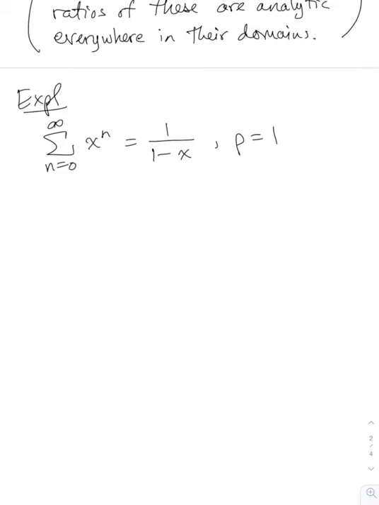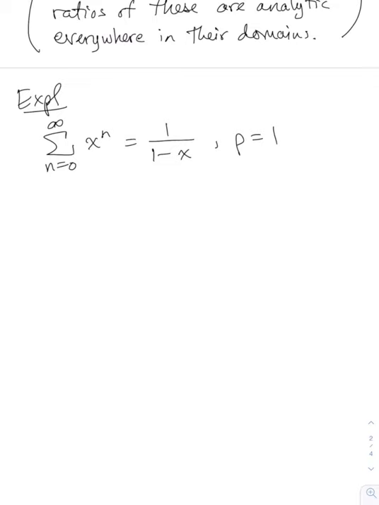Now I can differentiate term by term. Now when you differentiate, you have to be careful about the fact that the derivative of a constant is 0. So when I differentiate this series, I want to look at the first term, and if the first term is a constant, then when I differentiate, I have to throw it away.